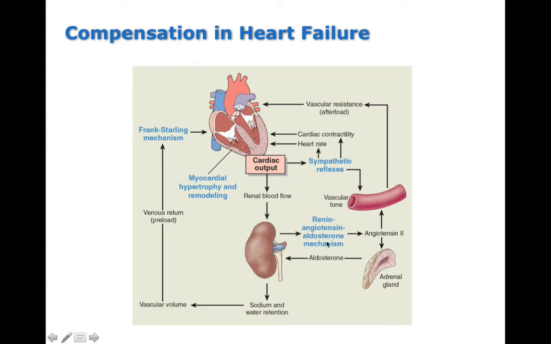Now that leads to the production of angiotensin II, which can vasoconstrict, but angiotensin II also causes your adrenal cortex to release aldosterone, and aldosterone allows your kidneys to retain more sodium and water, which again increases vascular volume, which allows you to have a greater blood volume and therefore increased venous return, and that's going to allow for greater stretch of your cardiac muscle, and again that's going to increase cardiac output by increasing stroke volume. So what's interesting here is that you see this interconnected network of lots of different reflexes that involve both your heart, your blood vessels, and your kidneys.